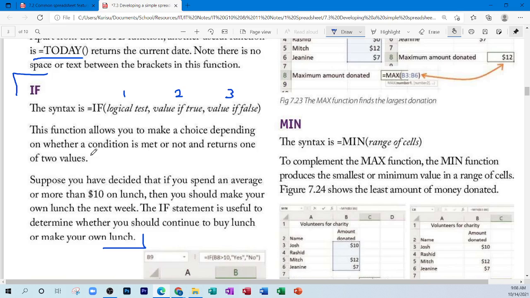Suppose you have decided that if you spend an average of more than $10 on lunch, then you should make your own lunch the next week. The IF statement is useful to determine whether you should continue to buy lunch or make your own lunch. Great.